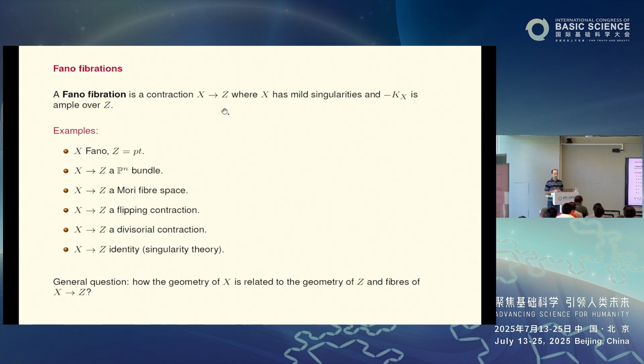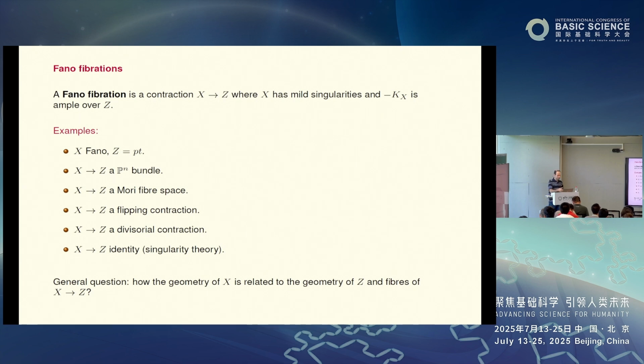It basically means this is a projective morphism with connected fibers. Connected fibers is not a big deal because you can always achieve this. So you can just think about a projective morphism. Again, you want singularities to be mild. And the anti-canonical divisor, we want this to be positive relatively over the base, not globally.